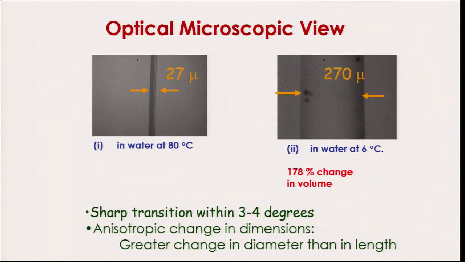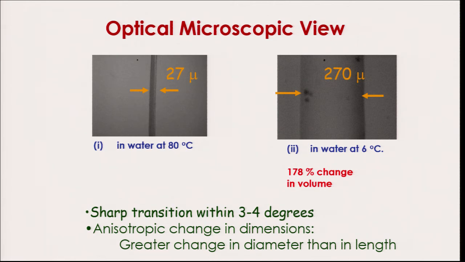The transition temperature is about 37 degrees for this particular material. Now, if I take out this fiber and put it in another water bath at 6 degrees centigrade, which is much lower than the transition temperature, what will happen?